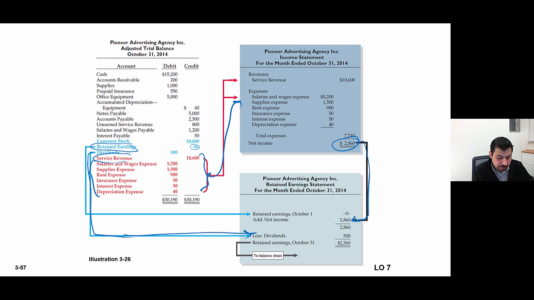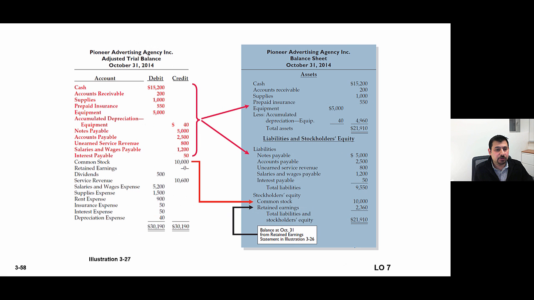But basically we get the retained earnings beginning balance from the adjusted trial balance, we get the dividends from the adjusted trial balance, and we get the net income from the income statement here. Now once we calculate the ending balance of retained earnings, we use this to put it here for the retained earnings under stockholders' equity. Here we get the balance sheet.